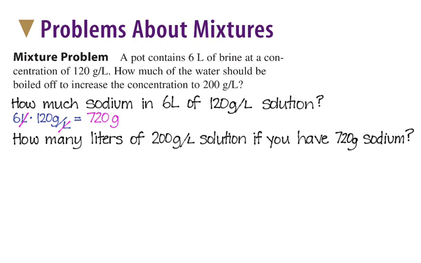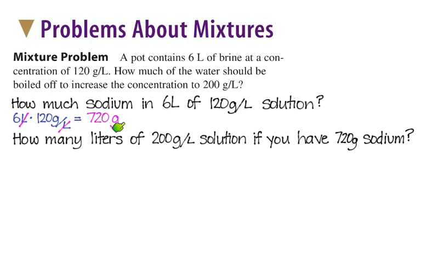Okay, I want to re-explain this a little bit better. We have a bucket of solution, and in that bucket is water and 720 grams of sodium. We figured that out from the concentration, how many grams of sodium there are. When we boil this solution, we will not lose any of the sodium.